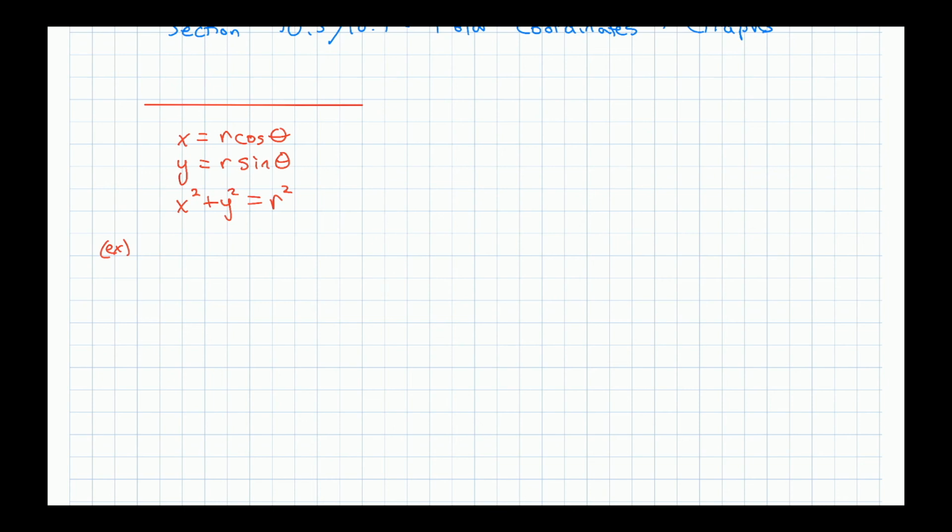I said it correct for equations, but I said it backwards for points, which is what we learned last time. So this is converting a point from polar to rectangular, because it solved for x and for y, and you do not need this at all.